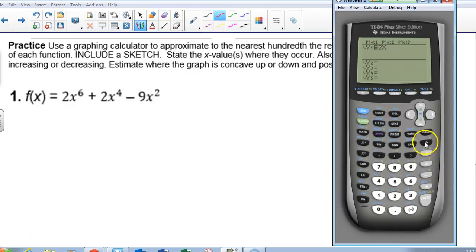Anybody notice anything when they were typing this in? Highest exponent power was 6. That means both ends should, it's positive, so yes, they should both go up. What else did you notice?